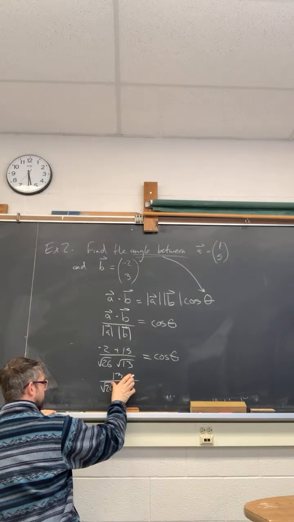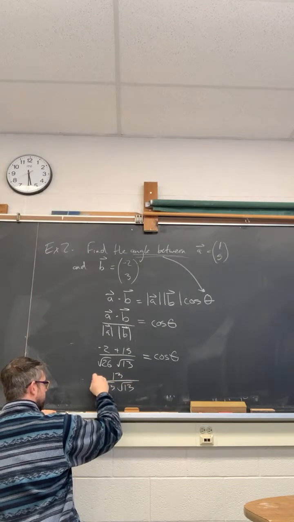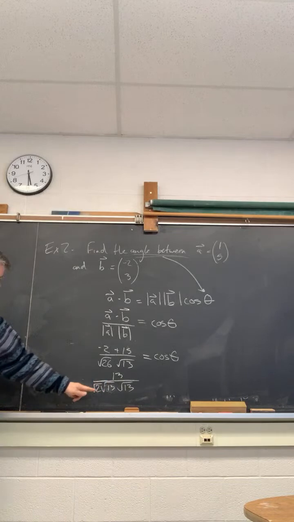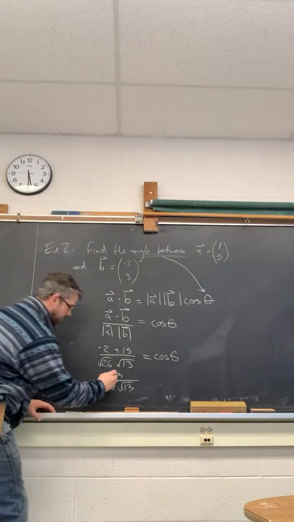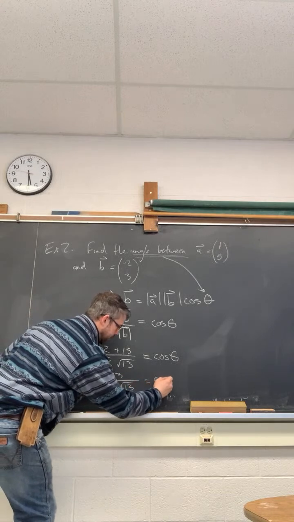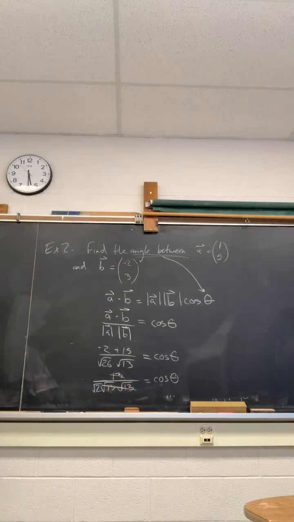So I'm going to write root 26 as root 13 times root 2. Now root 13 times root 13 is 13. So that will cancel with this 13 in the numerator. Canceled, canceled. So now I'm looking for an angle that has a cosine of 1 over root 2.